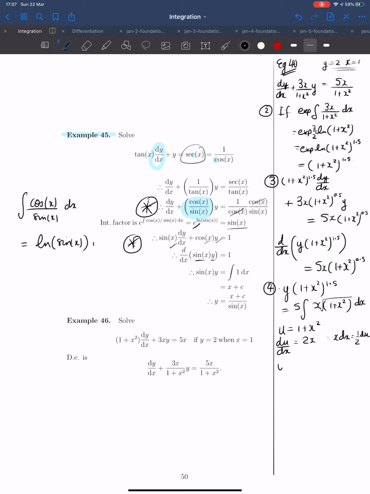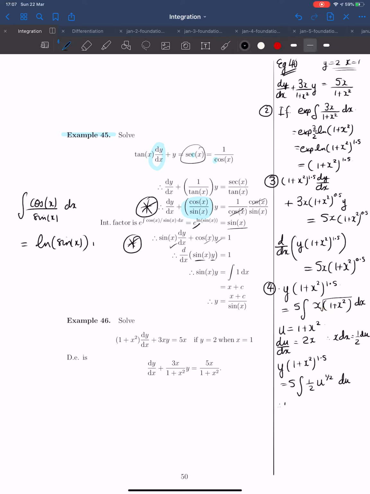So we end up with y times 1 plus x squared to the 1.5 is 5 times the integral, a half, u to the half du. Just to talk about where that comes from: x dx is a half du, which is that bit and that bit. That's u to the half.